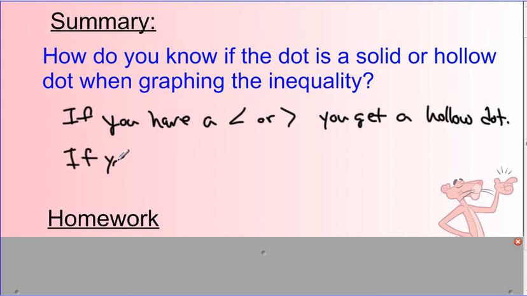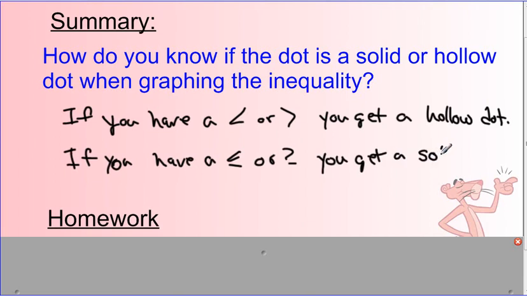If you have a less than or equal to or greater than or equal to, you get a solid dot. And that's what you should have had. You should have had something about the less than, greater than, get a hollow. The or equal to's get a solid.